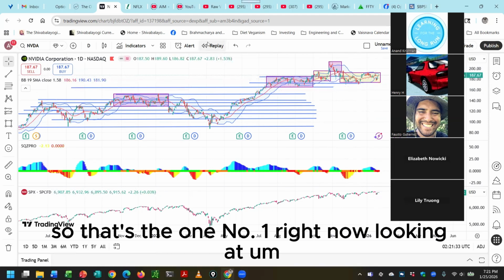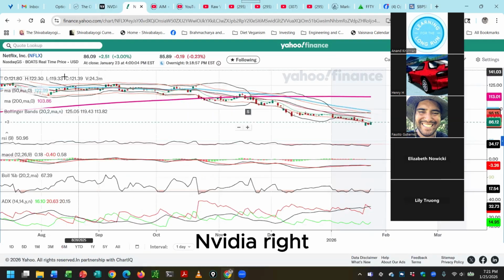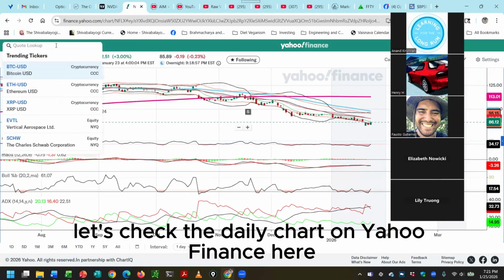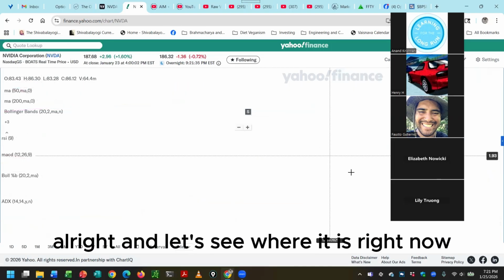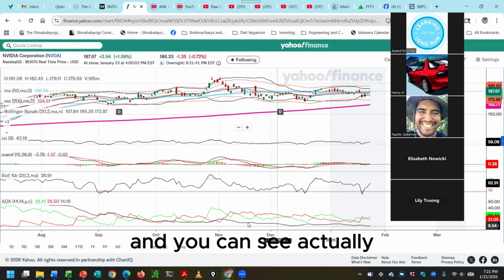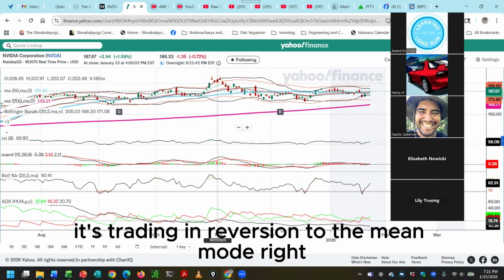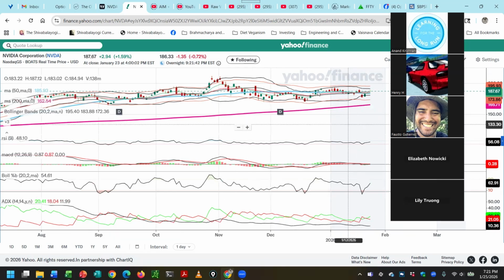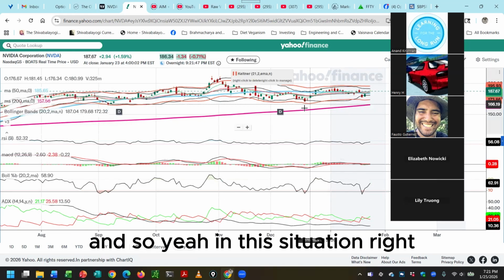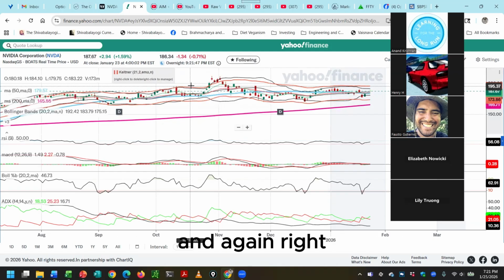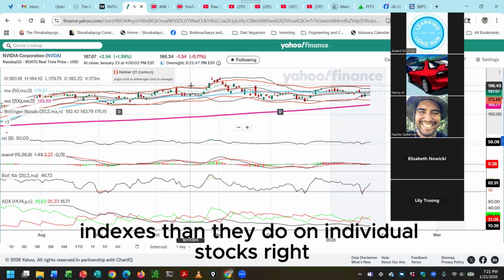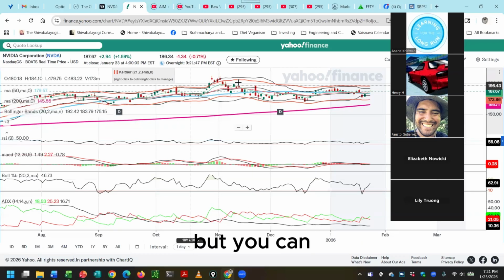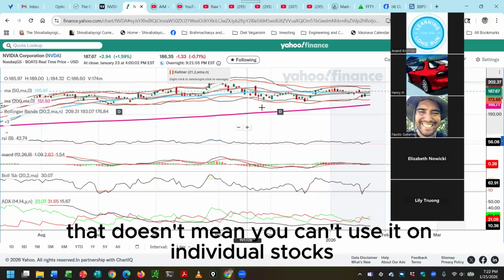Now looking at NVIDIA, let's check the daily chart on Yahoo Finance here, and let's see where it is right now. You can see actually it's trading in reversion to the mean mode. And again, these kind of patterns work better on indexes than they do on individual stocks, but that doesn't mean you can't use it on individual stocks.